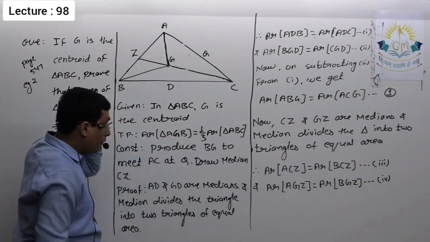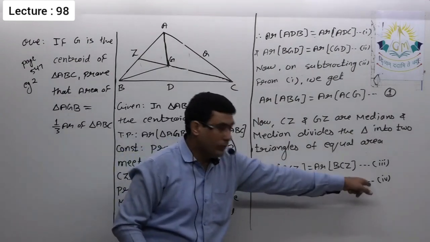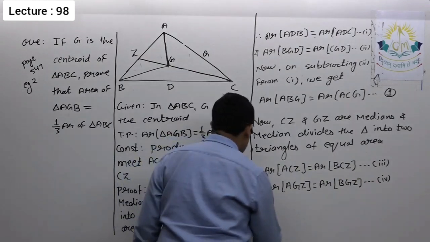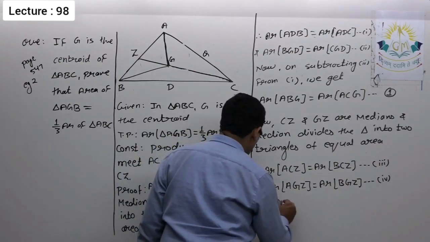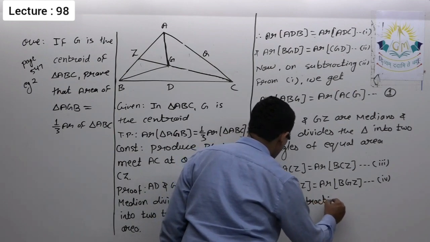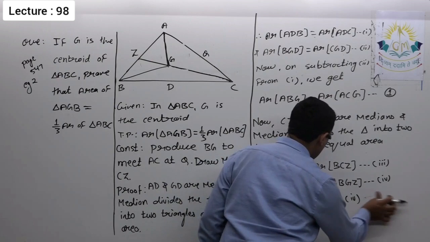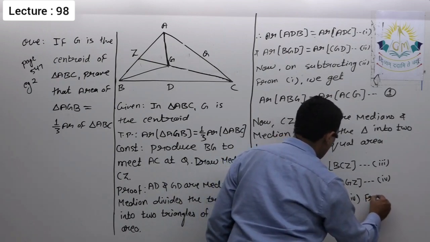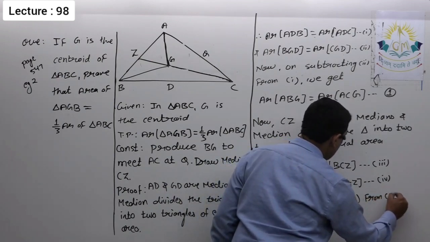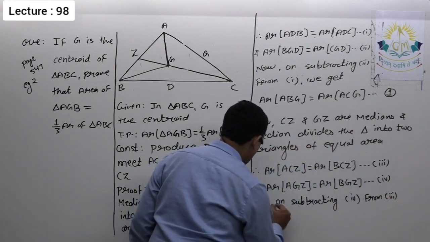Okay, so what I did over here, I am doing the same. Now again what I will do, I subtract 4th from 3rd. Now on subtracting 4th from 3rd, we get, let us see what we'll get.